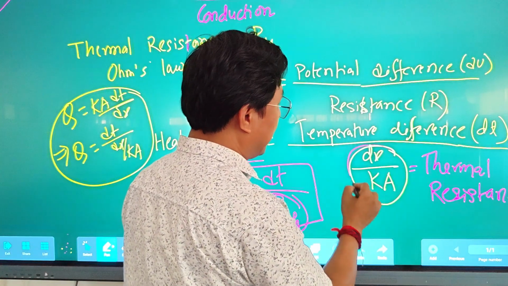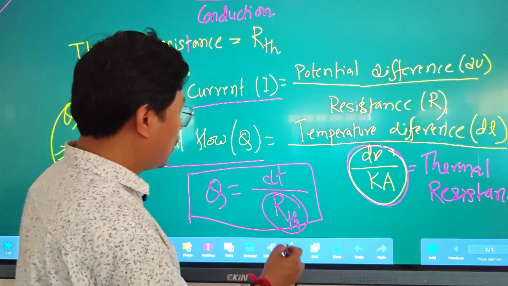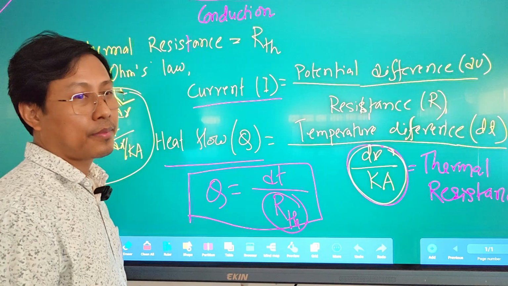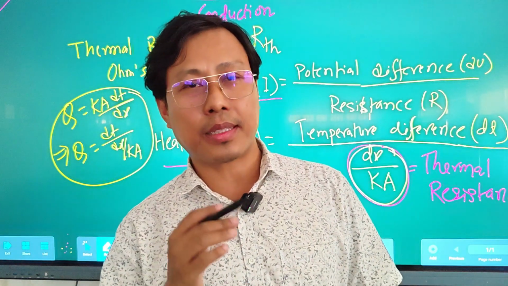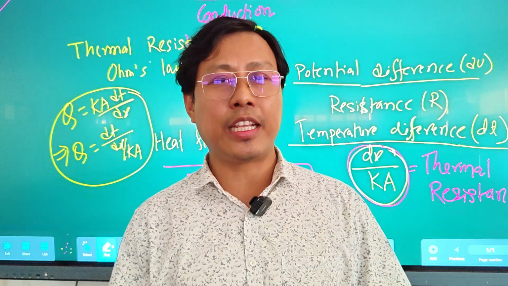This dx by Ka is known as thermal resistance, also denoted by RTH. So we have determined the concept of thermal resistance using the analogy between electric current and the heat flow.